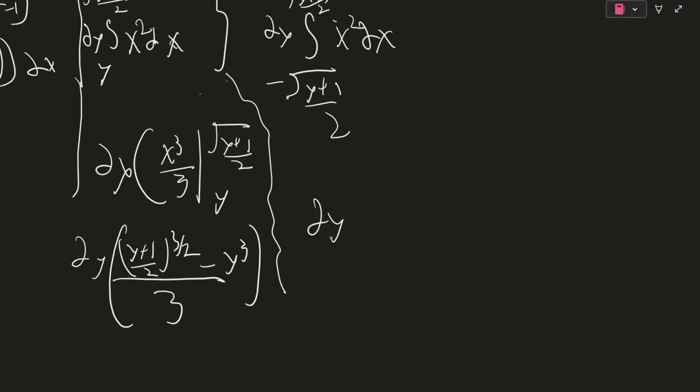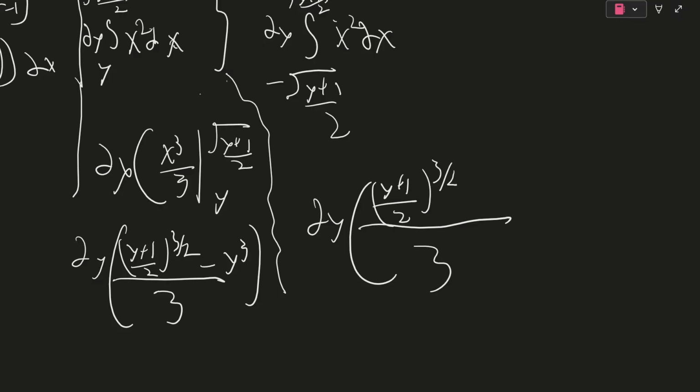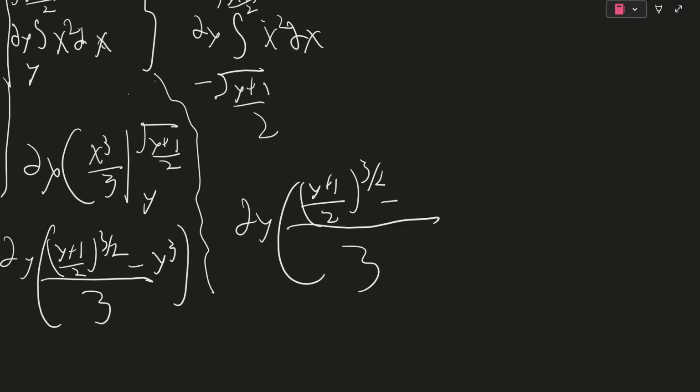So it's going to be dy times, over 3, y plus 1/2 to the 3/2, minus negative square root of y plus 1/2, that's going to be cubed.